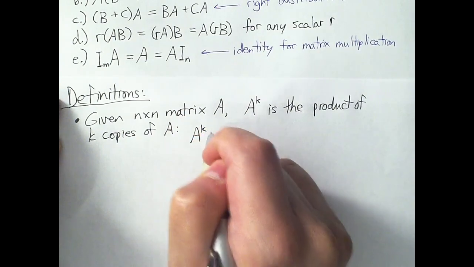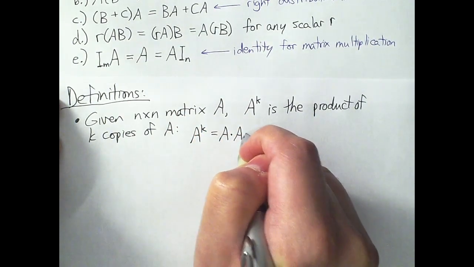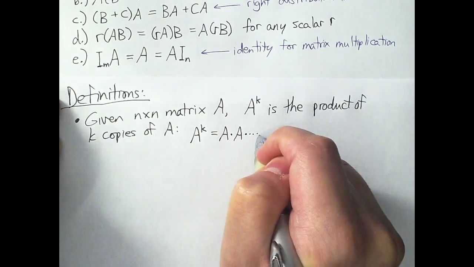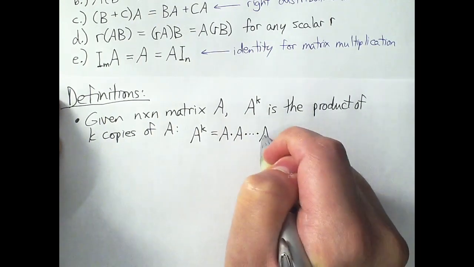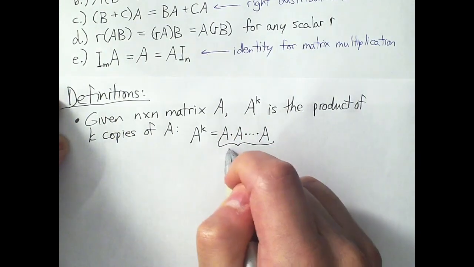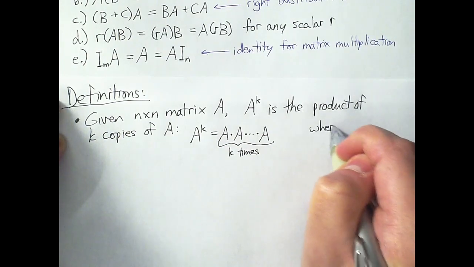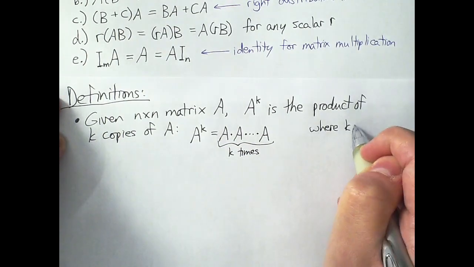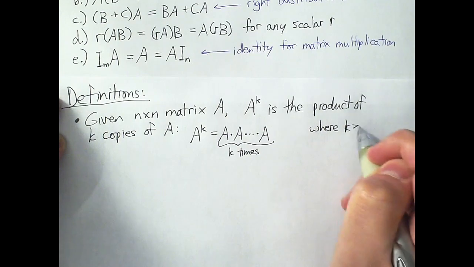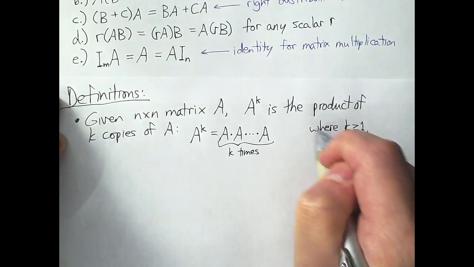A to the K equals A times A, K times. I guess I should say that we're only going to be worried about this where K is an integer, K is greater than or equal to 1.